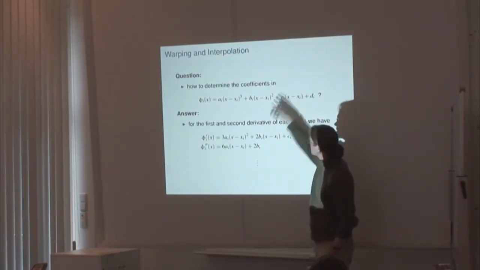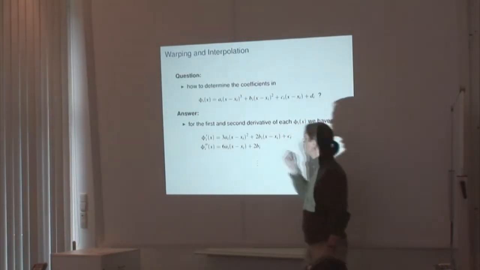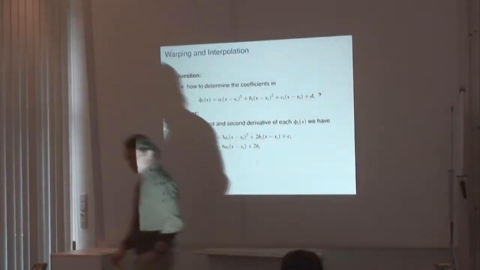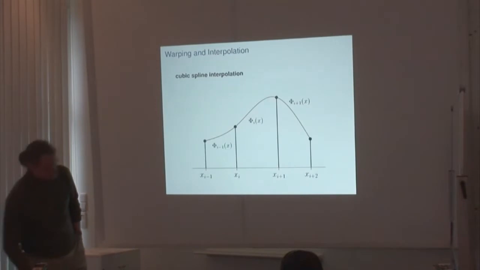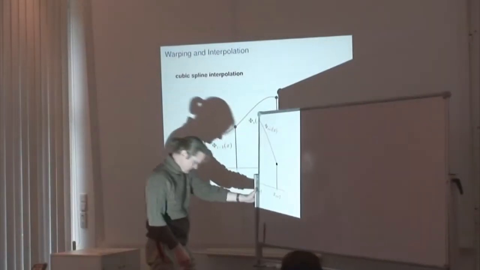And if we compute the second derivative, we get 6ai times (x minus xi) plus 2bi. All right? And I will leave you with this picture while I get the board.